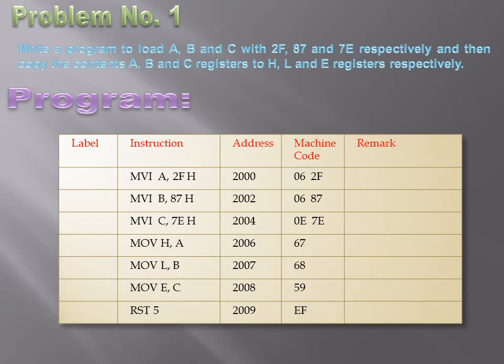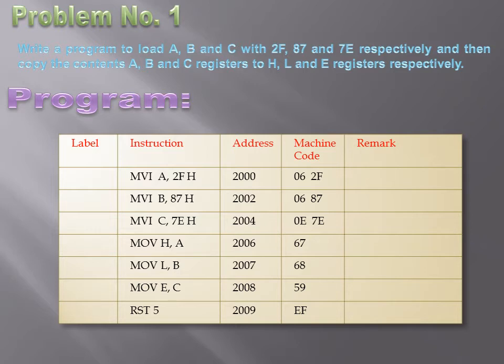We'll start with some other problems, and we can begin with a problem of loading three registers with 3 bytes of data and then copying the contents of those registers to 3 other general purpose registers. So we first move the bytes into 3 registers.